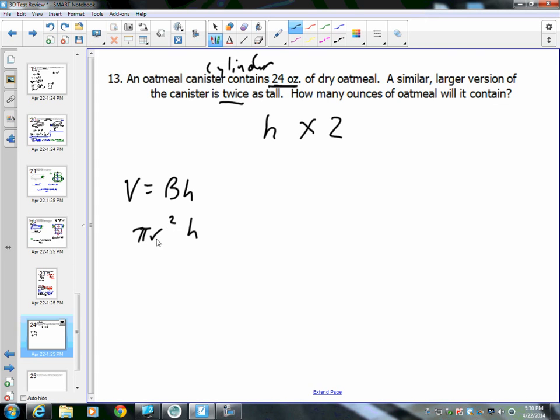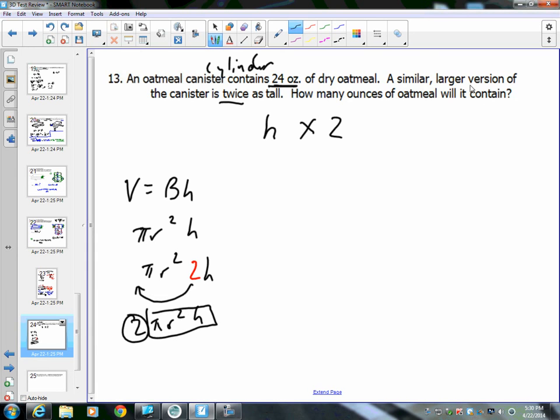The radius is staying the same. So we say pi r squared times 2 times the height h. This is multiplying, so I can put the 2 out in front. So this is 2 pi r squared times h, meaning the volume is multiplied by 2.